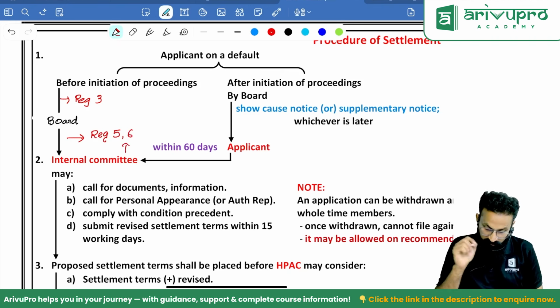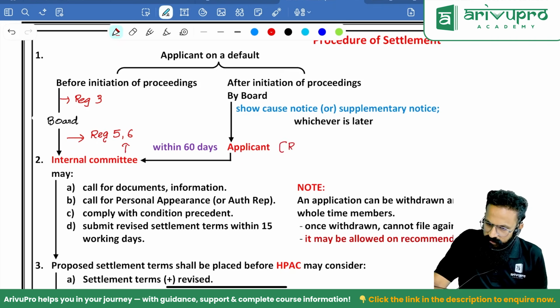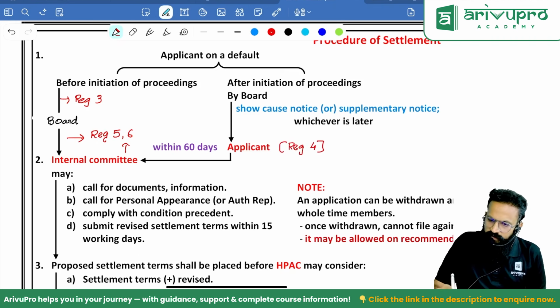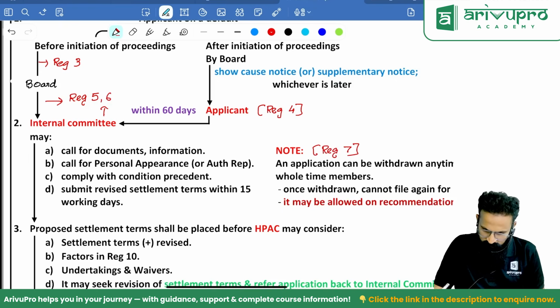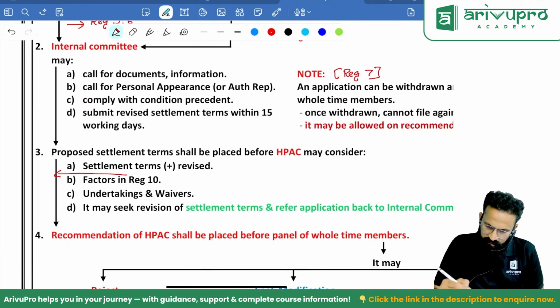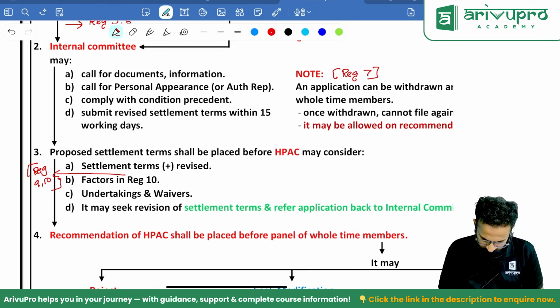Read those regulations here so that it will make sense for you. In applicant, read regulation 4. If we read it in this connected way, it will be easy. When we are reading note, read regulation 7. And when you are reading settlement terms, here read regulations 9 and 10.